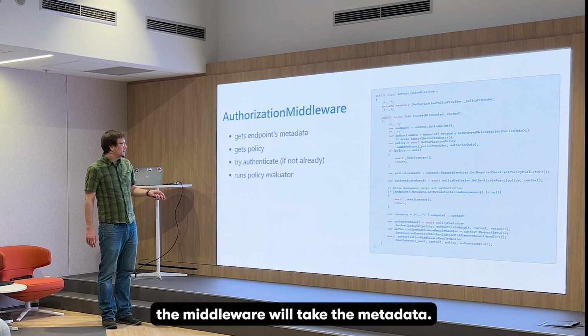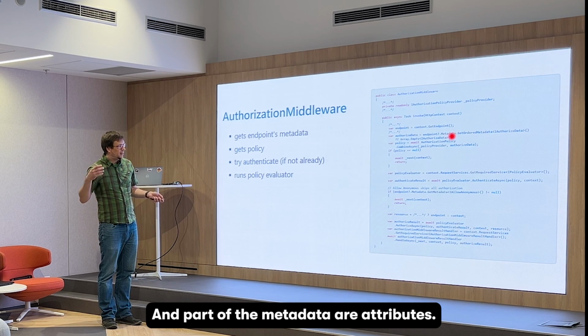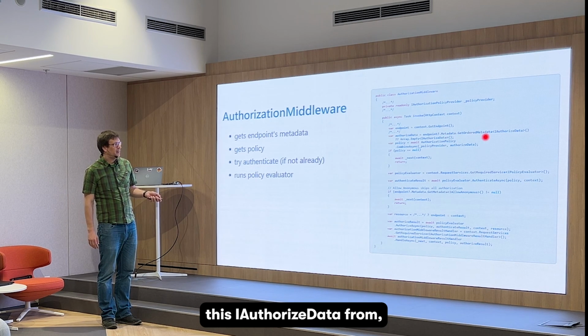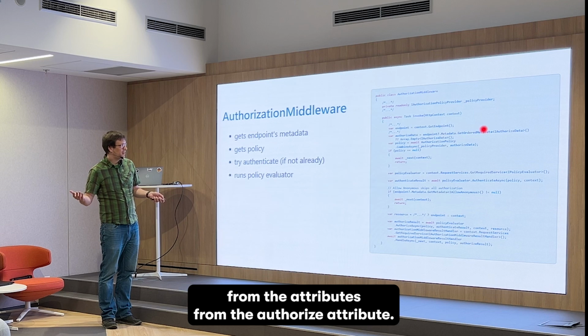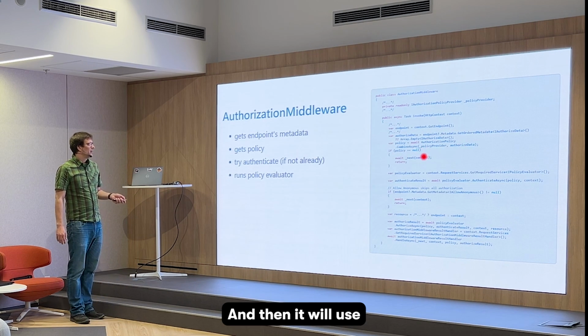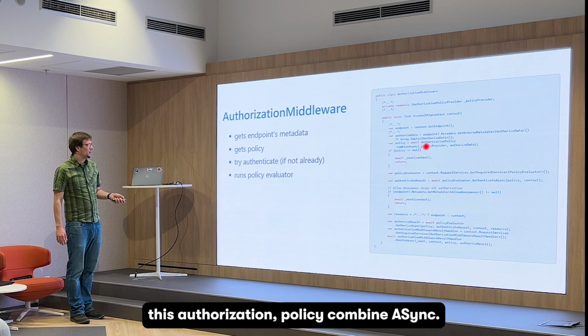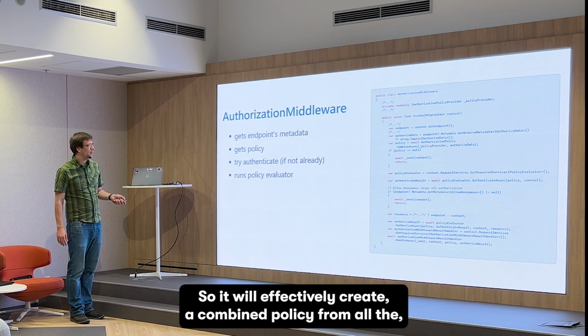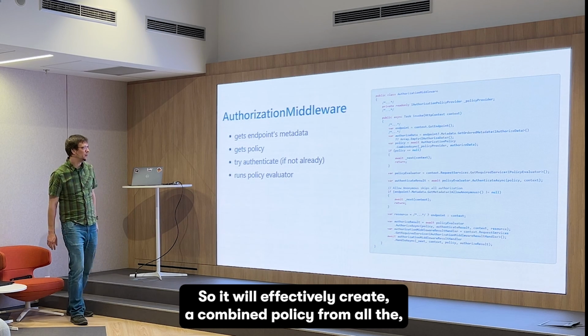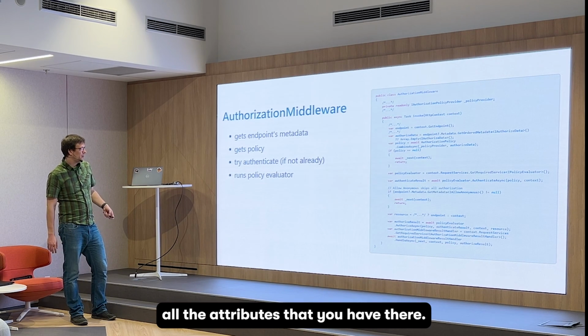So the middleware will take the metadata, and part of the metadata are attributes, and the IAuthorizeData from the Authorize attribute, and then it will use this AuthorizationPolicy.CombineAsync, so it will effectively create a combined policy from all the attributes that you have there.